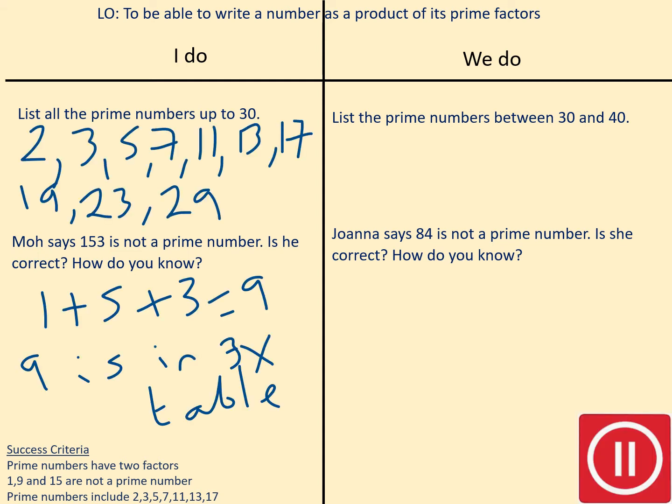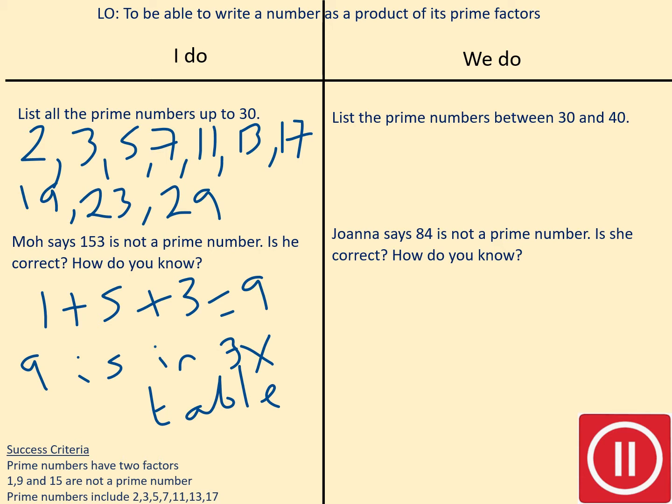So 2, 3, 5, 7, 11, 13, 17, 19, 23 and 29. 9 cannot be a prime number because it has 3, 1 and 9. 15 cannot be a prime number because it has 1, 15, 3 and 5.